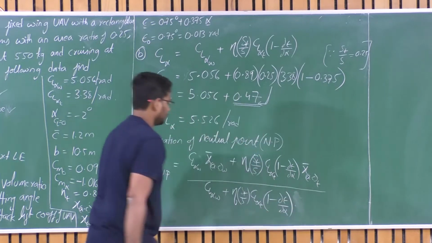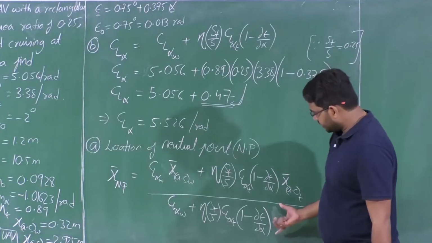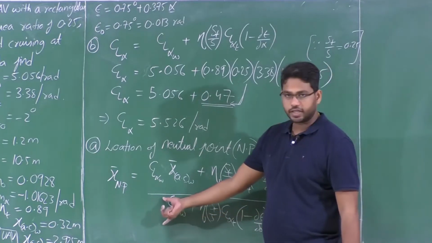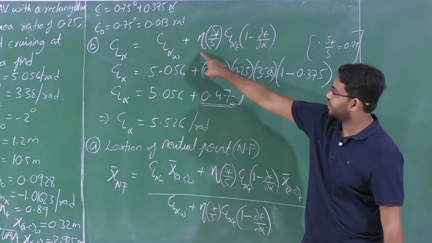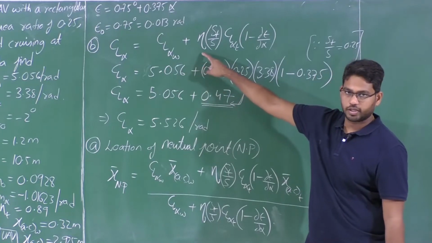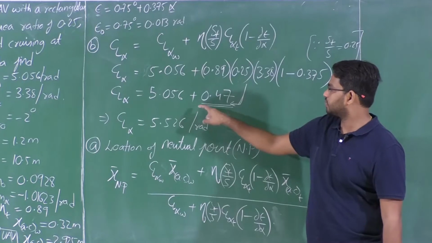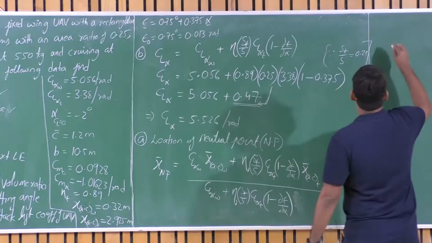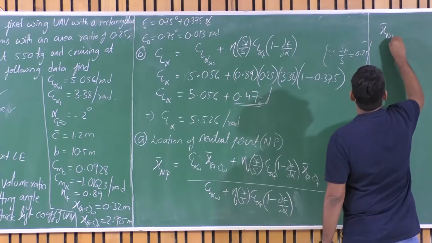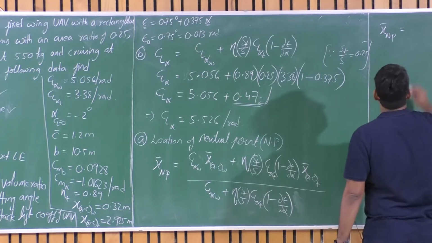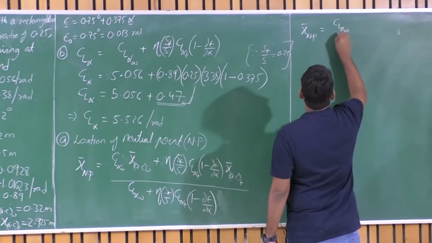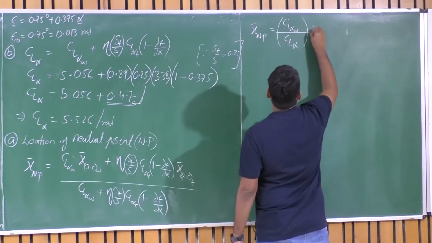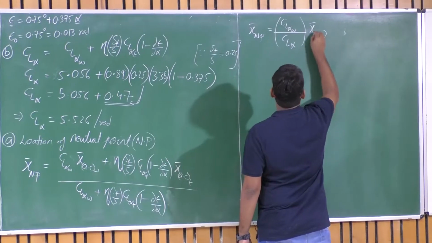So can I say this is my total CL alpha of the UAV? This denominator is nothing but the total CL alpha of my UAV, right? So I can directly substitute the value that I obtained here in the denominator. So x bar NP equals CL alpha of wing upon total CL alpha of the UAV, multiplied by x bar, the corresponding location.